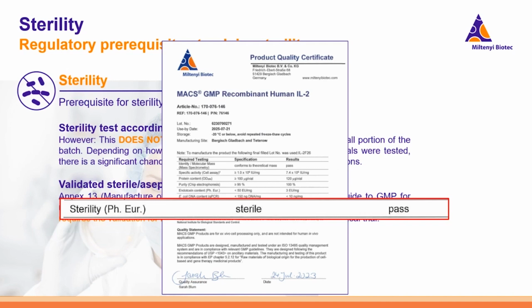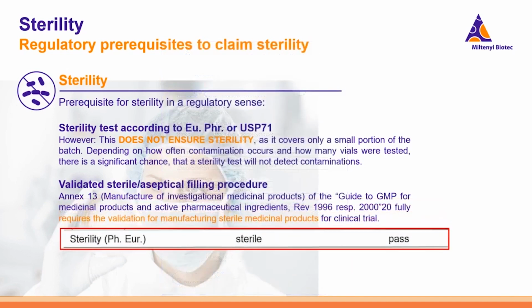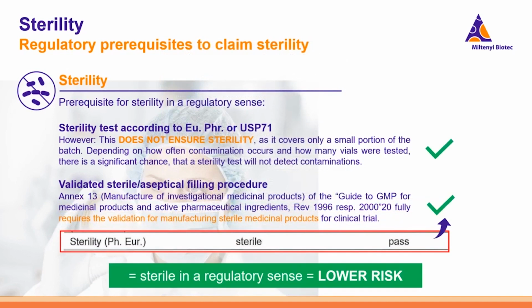If it's not spelled out, then it is not sterile. These are the two things you need to look out for: Is there a sterility test according to the European or US Pharmacopoeia? And is there a validated aseptic filling procedure? If this is the case, you have a product which is sterile in a regulatory sense, and this will of course be a product which incurs a much, much lower risk to your cellular therapy.